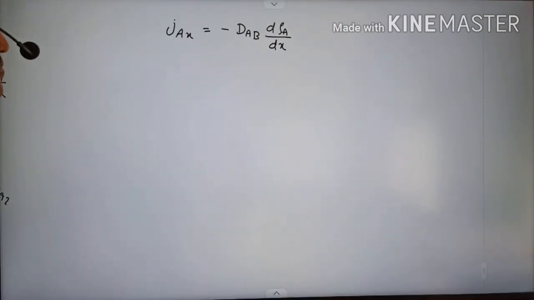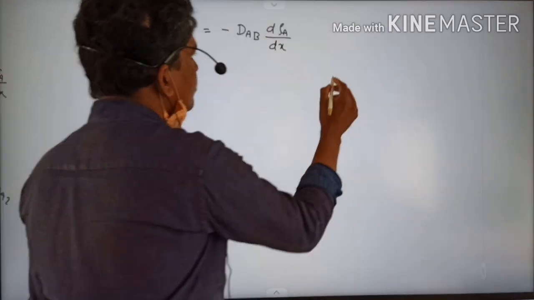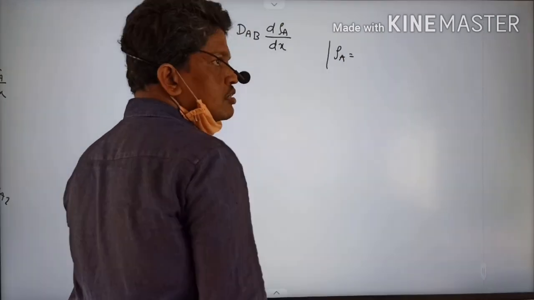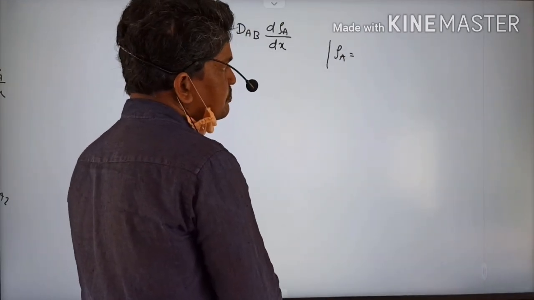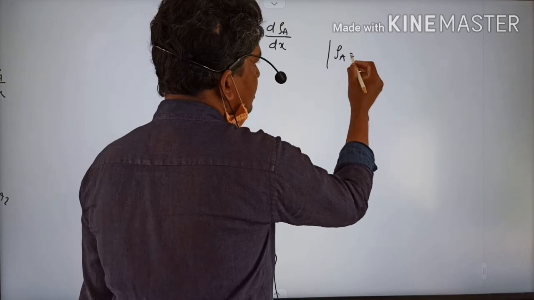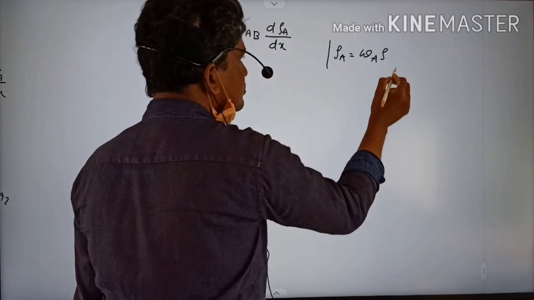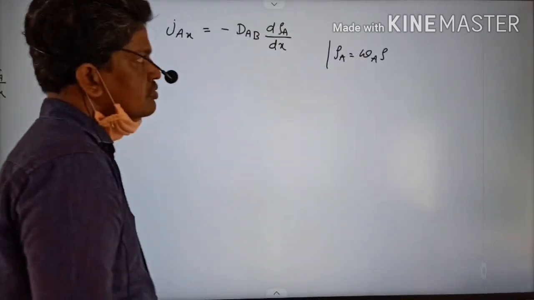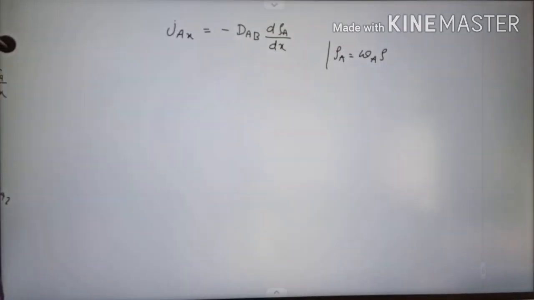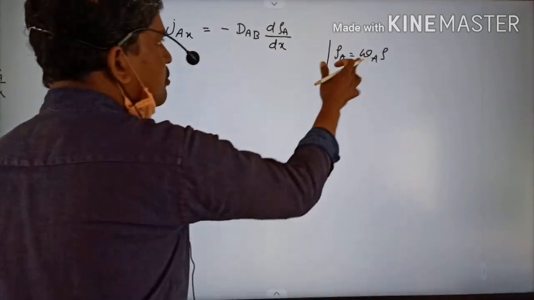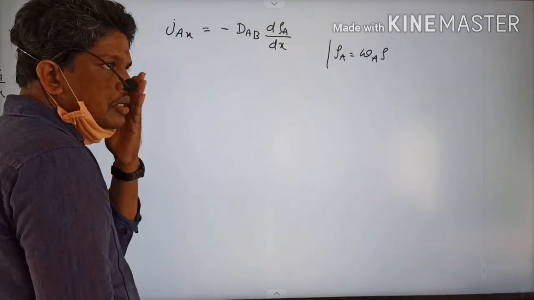Then rho A can be written in terms of the concentration of the mixture: rho A is equal to W into rho, in terms of mass fraction, because W is equal to rho A by rho, where rho is the concentration of the mixture.